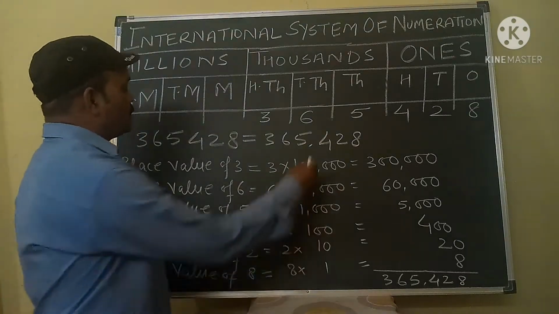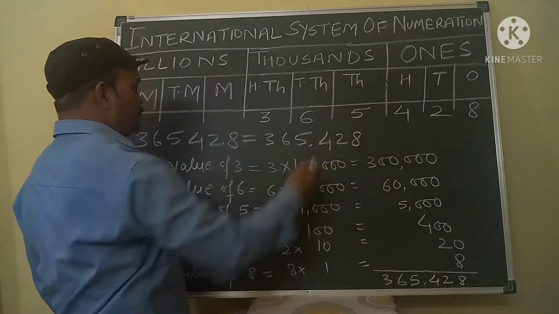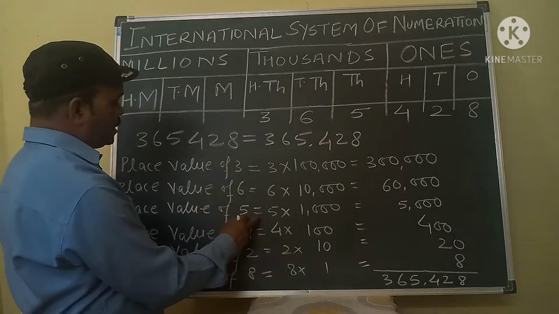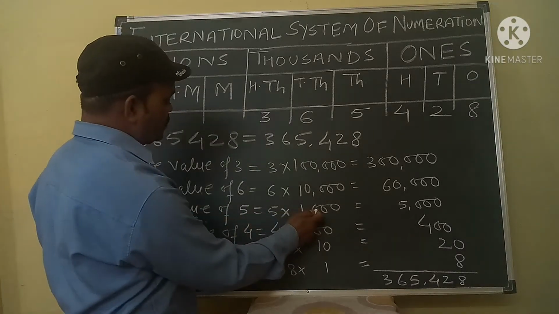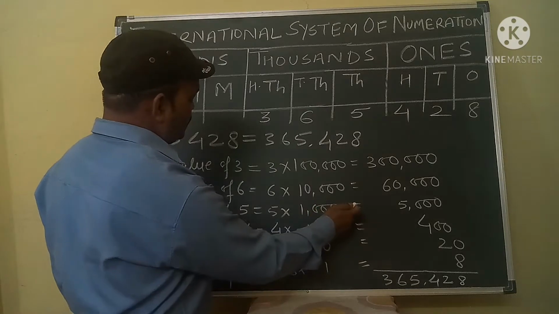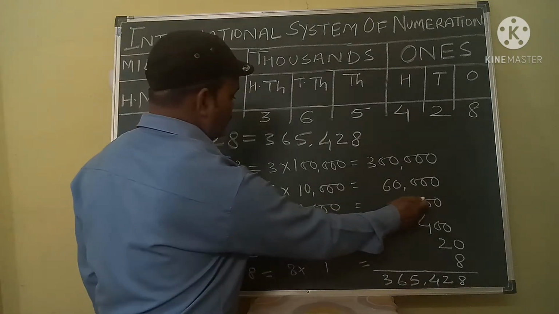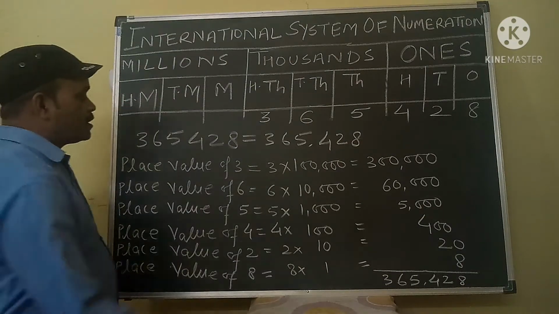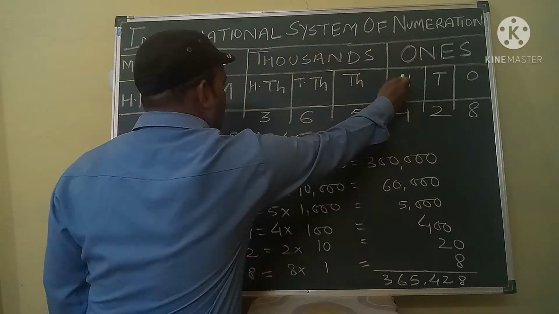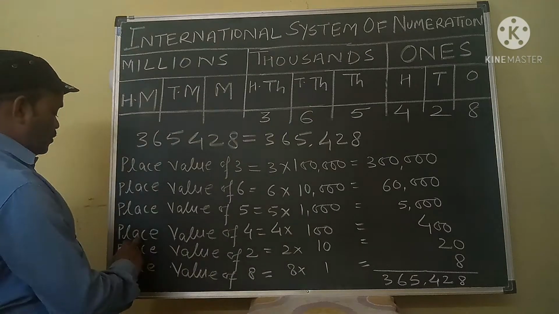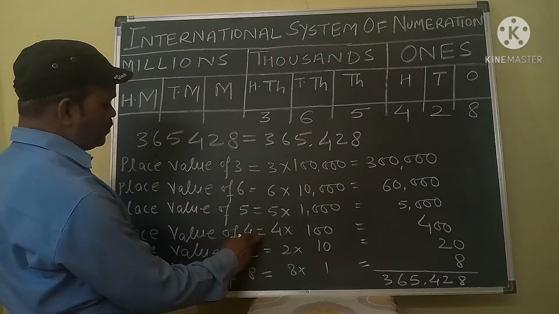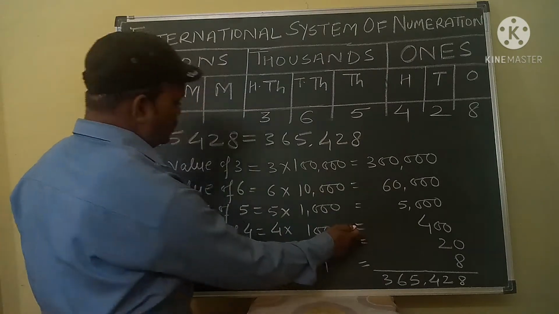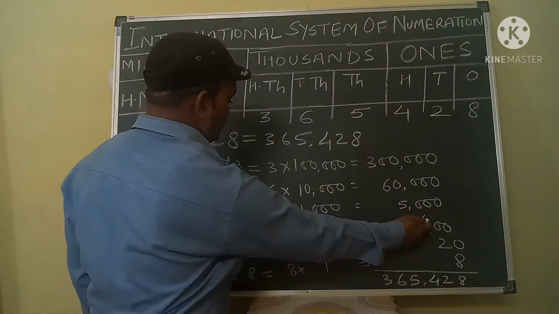Again, 5 is in thousand place. Place value of 5 will be 5 into 1000. It will give you 5,000. Okay. Again, 4 is in hundreds place. Place value of 4 will be 4 into 100. It will give you 400.